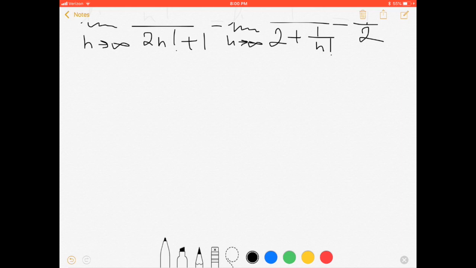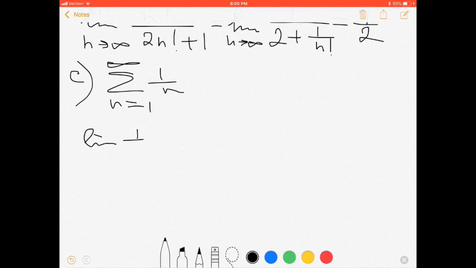And the last example. We have the series 1 over n, starting from 1 to infinity. The limit of 1 over n as n approaches infinity: here we have 1 over infinity, this means 0. But because it's 0, we don't have an answer.